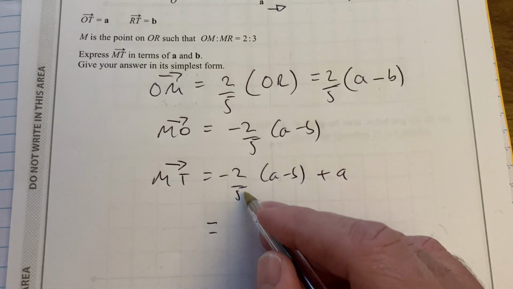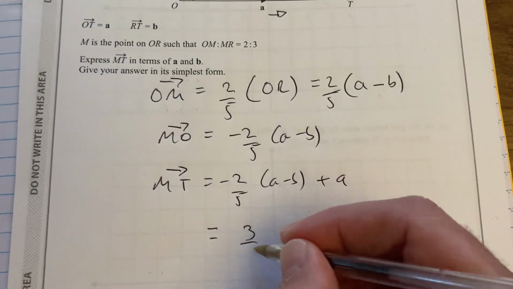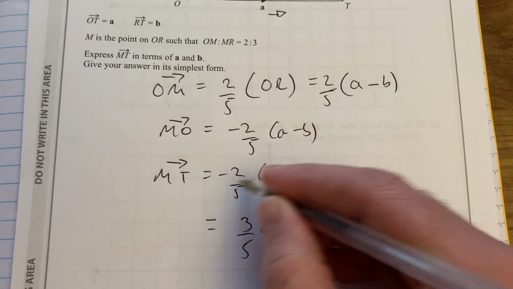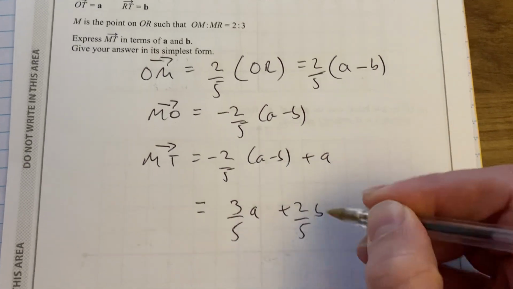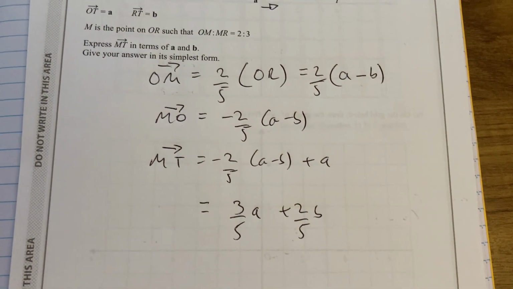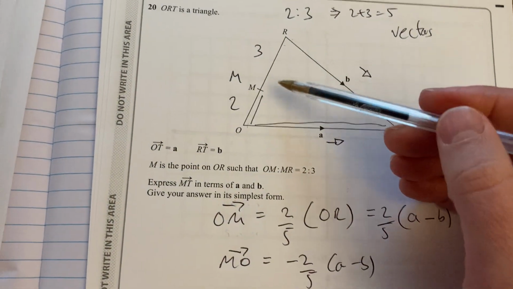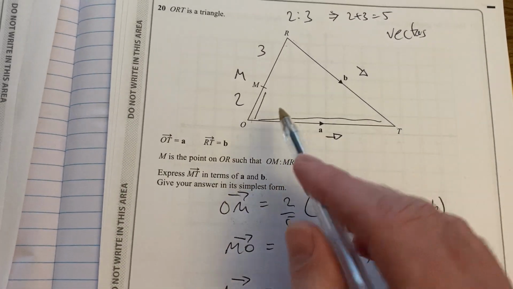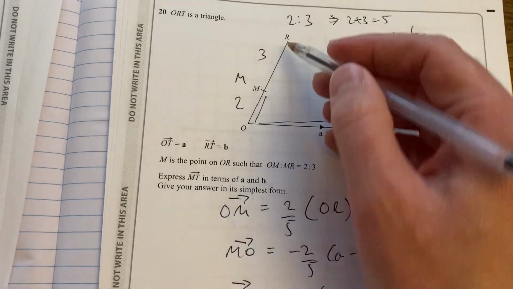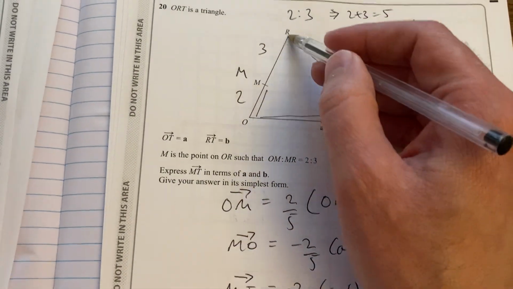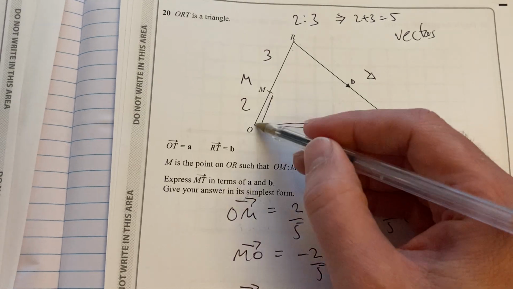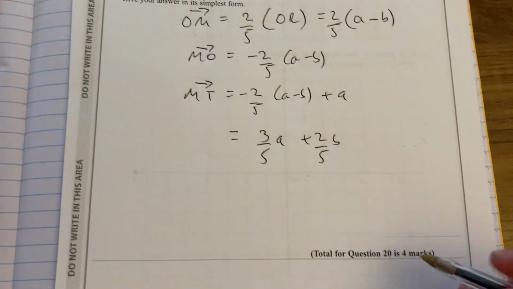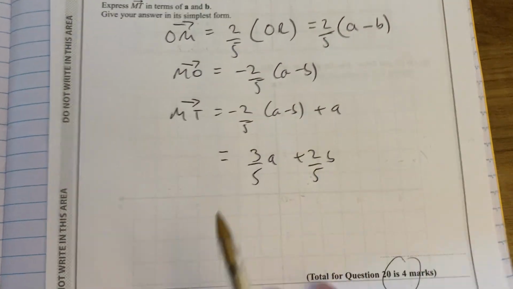So I've got minus 2/5 A plus A, which will be 3/5 A, and then plus 2/5 B. You could work that out differently. You could have gone M to R, and that way will give you the same answer. Again, like a map, you're trying to think, well, I haven't built the road there, so I've got to go there, and then I've got to go here and here. Okay, a nice 4-mark question.